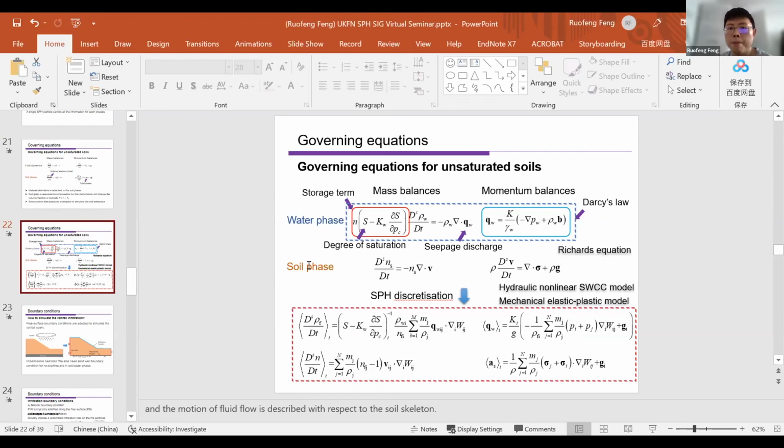So here we solve 4 equations in the single SPH particle. Also it can improve the computational efficiency because we have fewer particles involved. So that's the main idea for this one. I don't know if it answers your question. Okay, thank you.